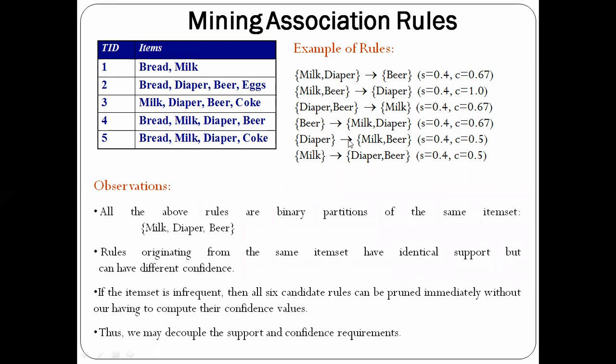So once we find the support, if any one of these rules is infrequent, if it doesn't satisfy the minimum support value, for example, if the minimum support is 0.5 and the calculated value here is 0.4, since it is less than the given minimum support, we will remove all those rules or mark them as infrequent because they don't satisfy the minimum support value.